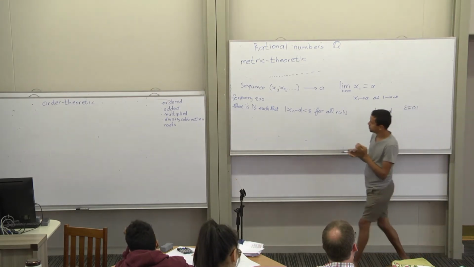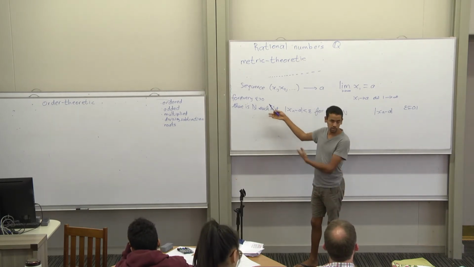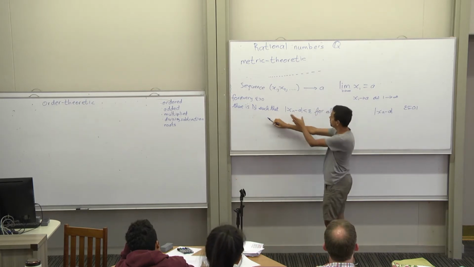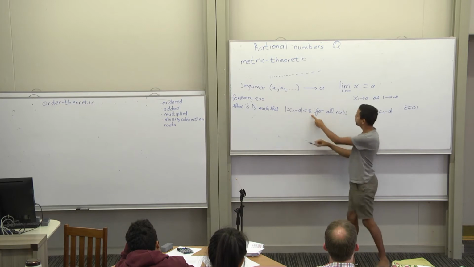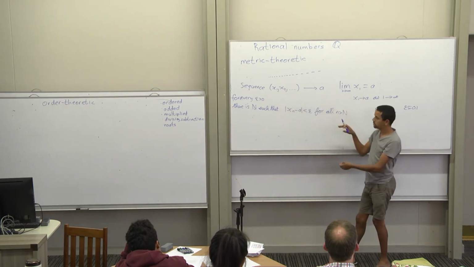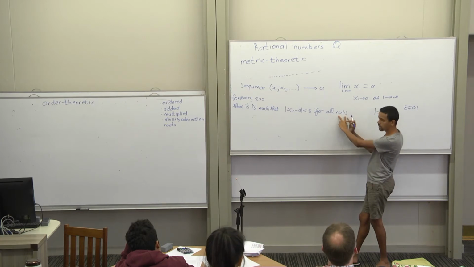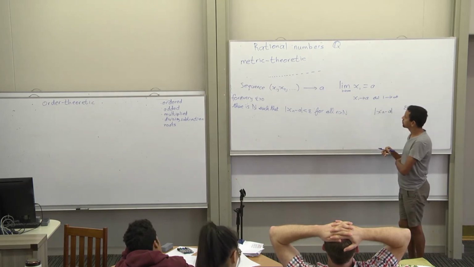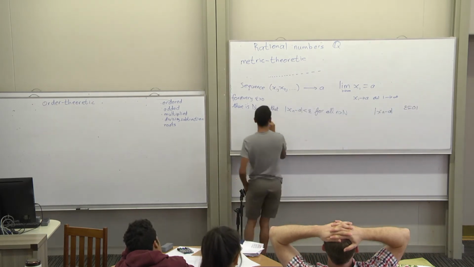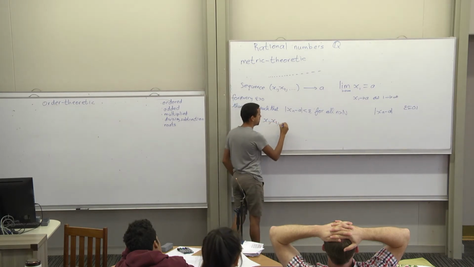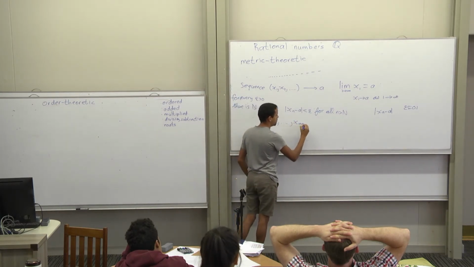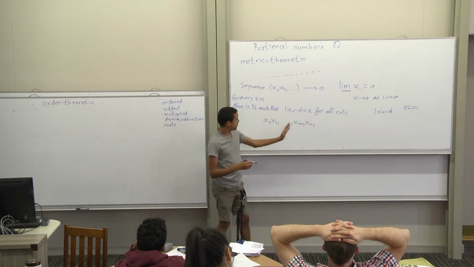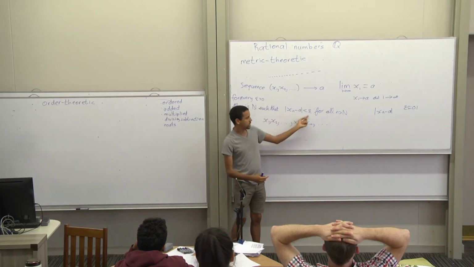No matter which epsilon you choose, for example, if I choose 0.1, I can find some natural number N where this is smaller than 0.1 as long as you've gone past a certain point, so only from big N onwards. Let's write down this big sequence, x1, x2, up until x100, x101, and keep going. You might have that from this point onwards, that difference is less than 0.1.